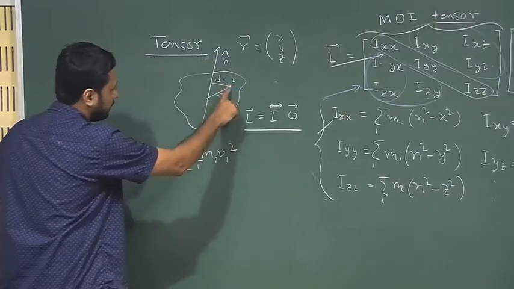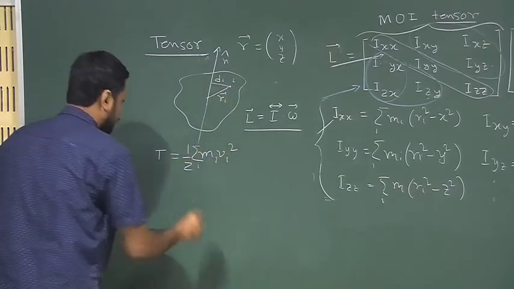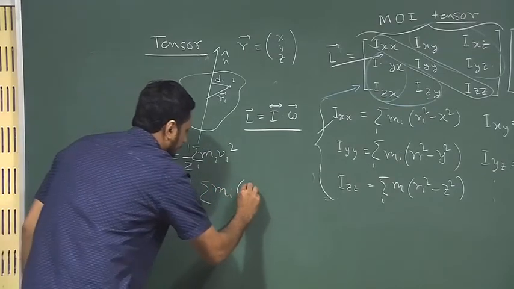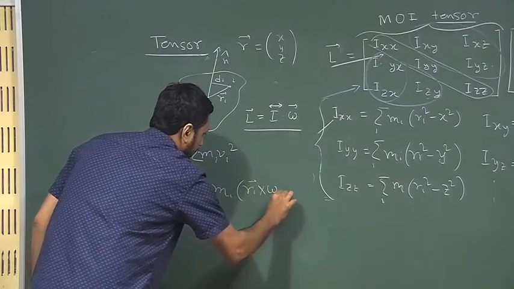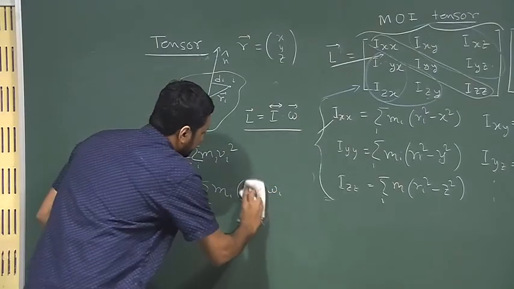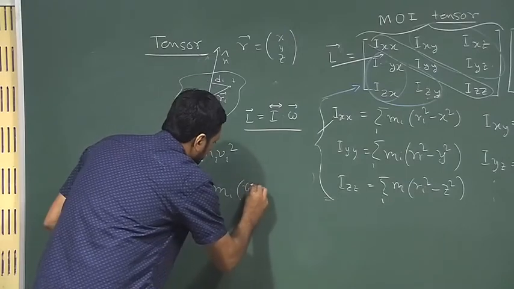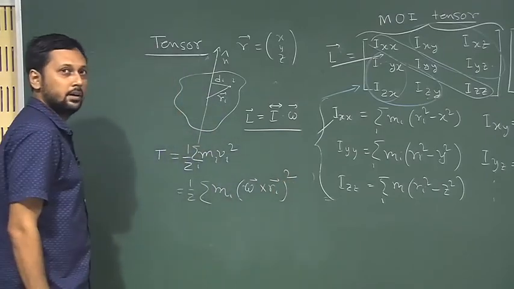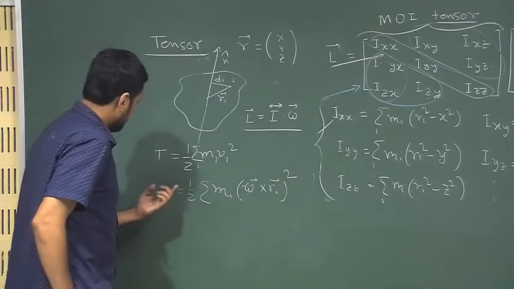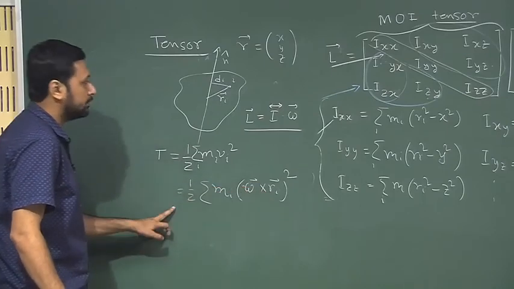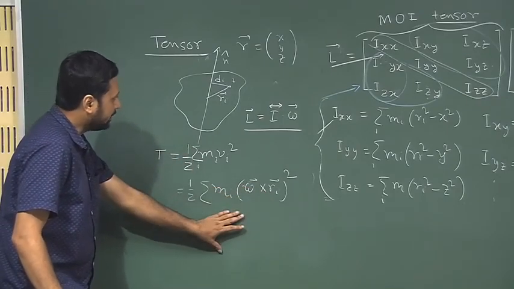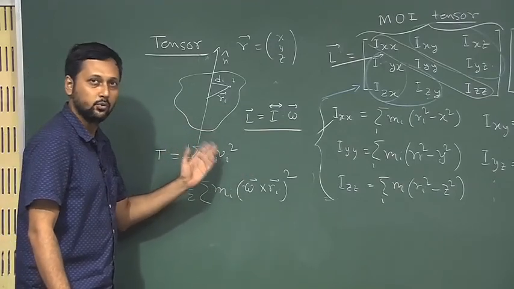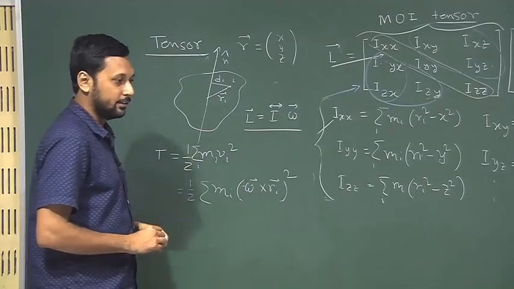If the velocity of this particle is vi, so it will be half mi times omega cross ri, square. This is a way of defining the total kinetic energy of the system, and this will help us in correlating this definition with the standard definition we learned during our school days. So we will take it up in the next class and start from here.